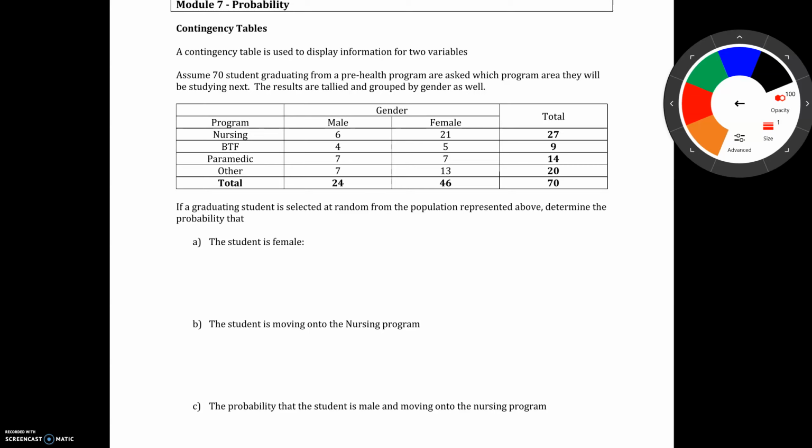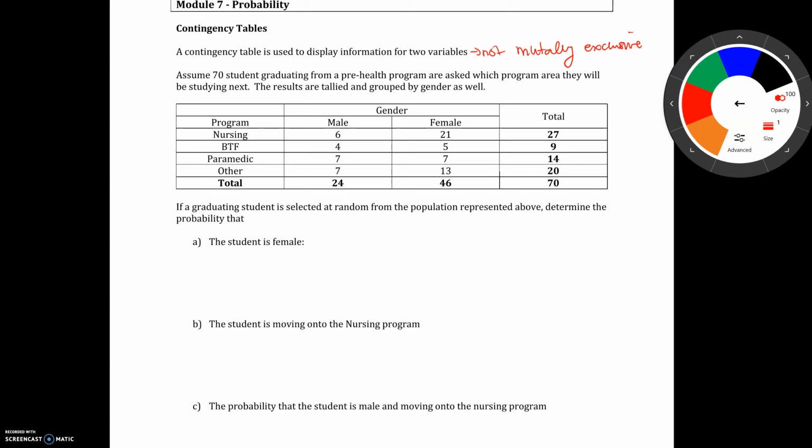Contingency tables are used to display information for two variables that are often not mutually exclusive. And so when we're calculating probabilities based on this information, we have to pay close attention to exactly what population we're drawing probabilities about and where we should be drawing our sample from.